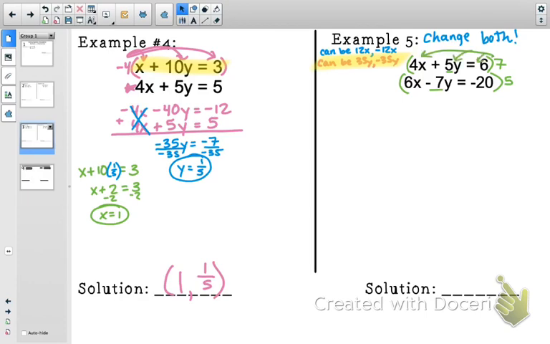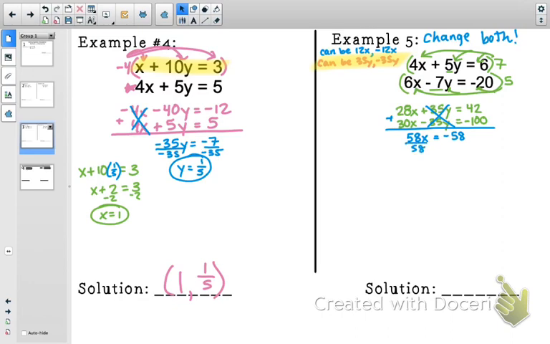Let's distribute. And then distribute the 5 into the second equation. So now I have a positive 35y and a negative 35y, which will cancel when I add. So 28 plus 30x, the 35y's cancel, and then 42 plus -100 is -58.